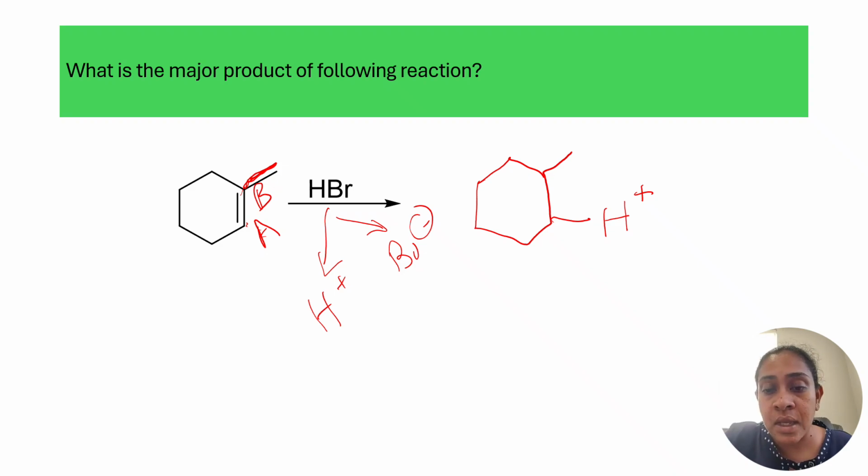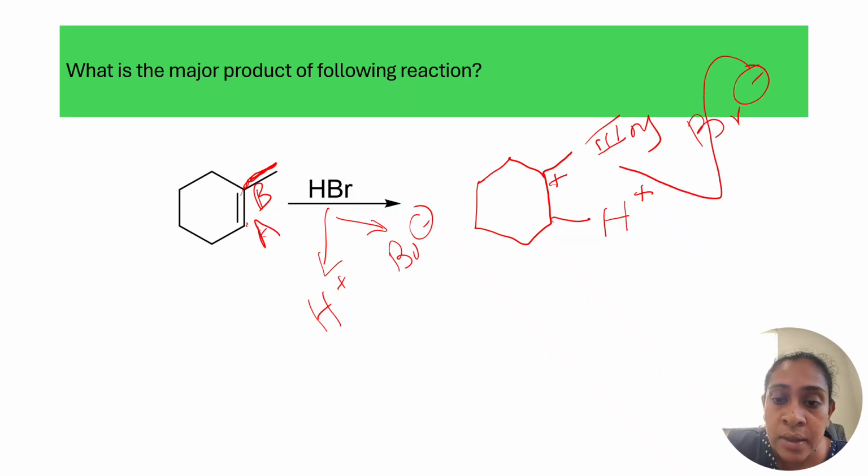And then we need to see what kind of carbocation we are going to produce. Here in this case, we are producing a tertiary carbocation. A tertiary carbocation is a stable carbocation, so no rearrangements are necessary. So now, bromide ion will come and attack this carbocation and we will get the product.